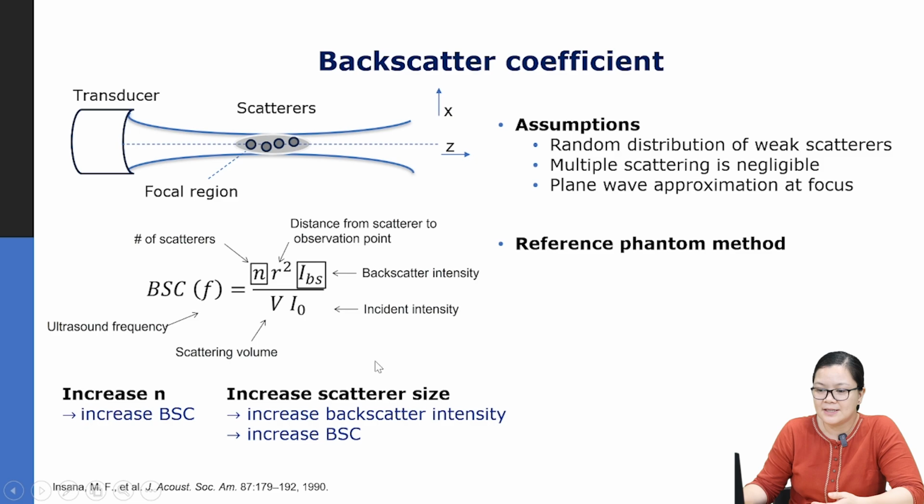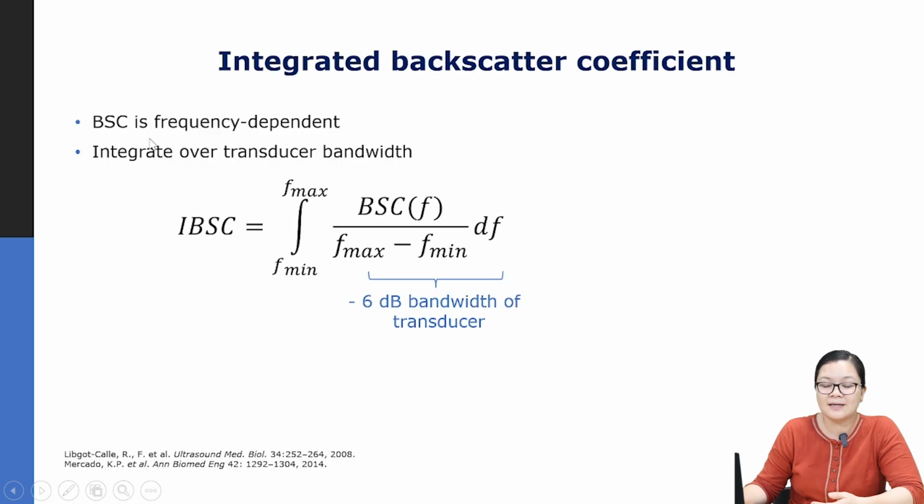As you can see in this expression, the backscatter coefficient is frequency dependent, and to have one value to assess the tissue, what's being done is to integrate the backscatter coefficient over the transducer bandwidth. So what we get is this integrated backscatter coefficient parameter right here.